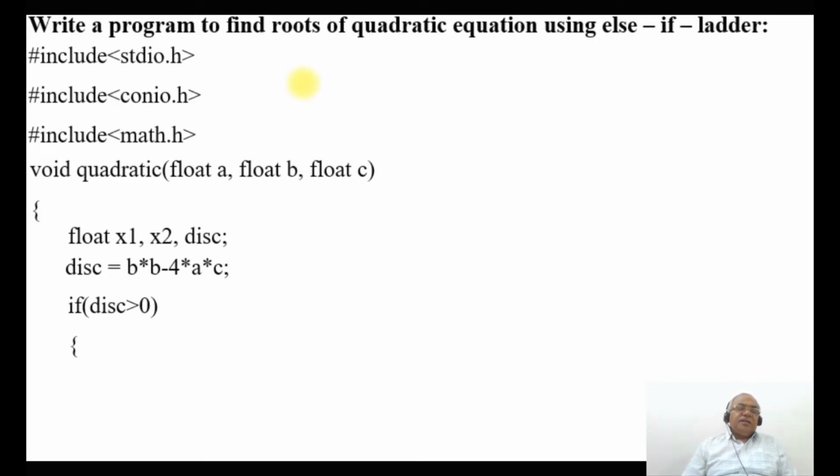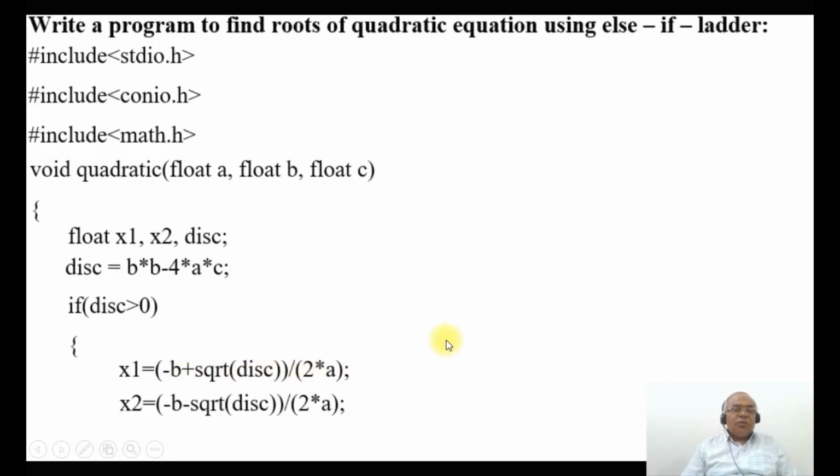So the first condition: if the disc value is greater than 0, then what happens? x1 will be equal to minus b plus the square root of disc by 2a, and x2 will be equal to minus b minus the square root of disc by 2a. Then the roots are distinct.